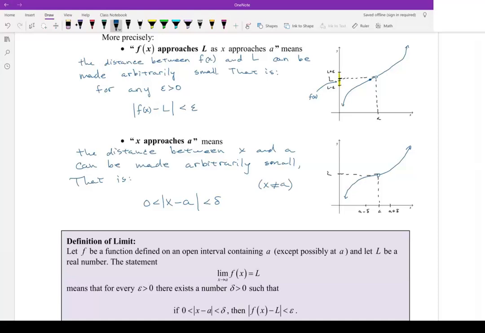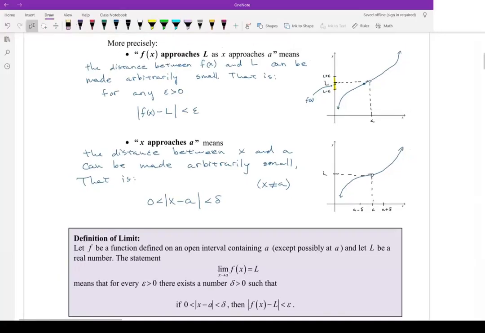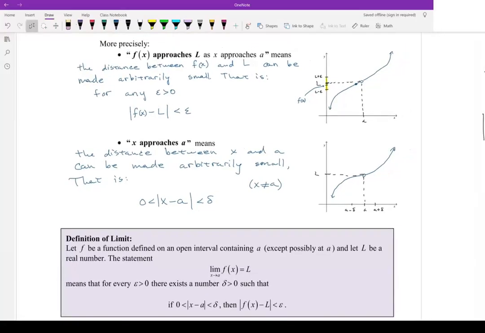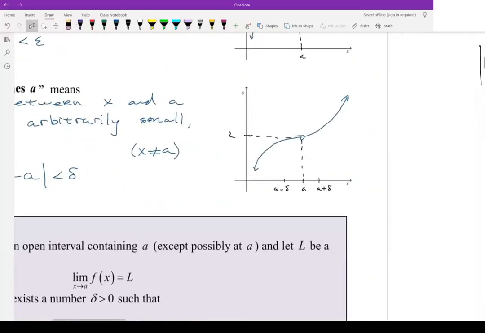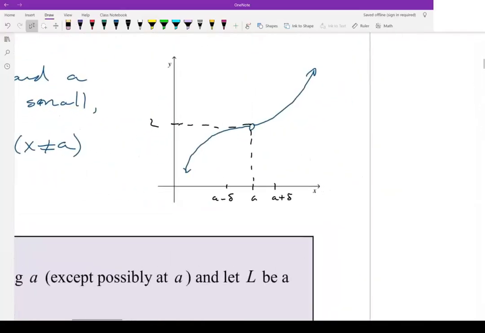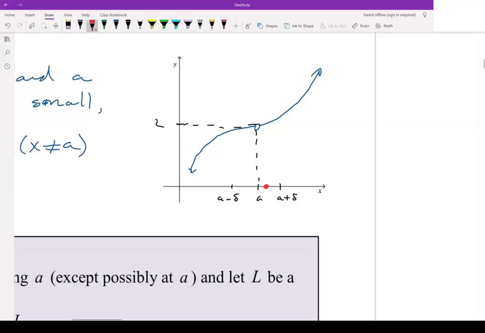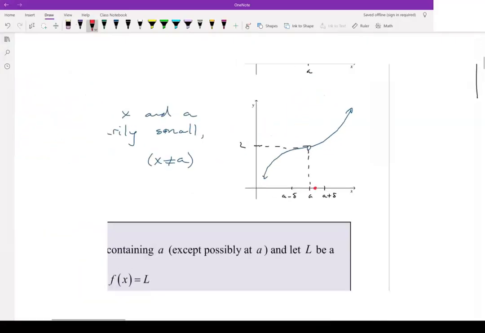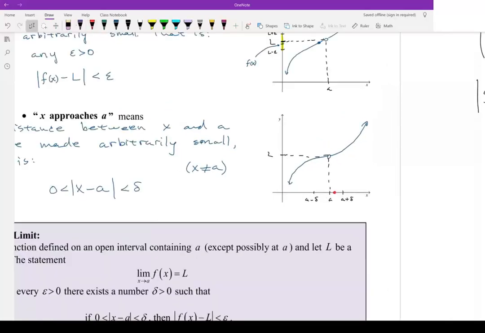Now, what this is doing for us, if you imagine coming over here and picking an x value, which I'm going to do in red, within that little neighborhood around A, meaning that x, this is x right here, that x, the distance between x and A is less than delta, so that fits this thing.